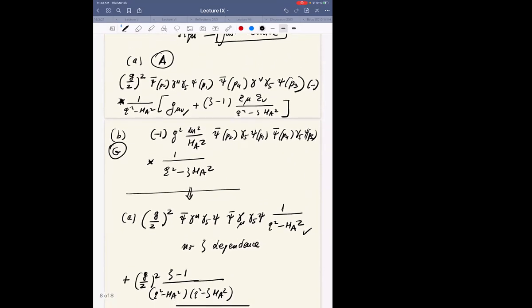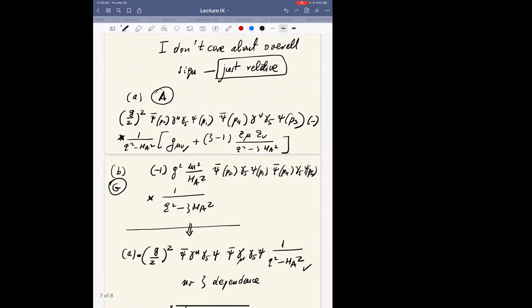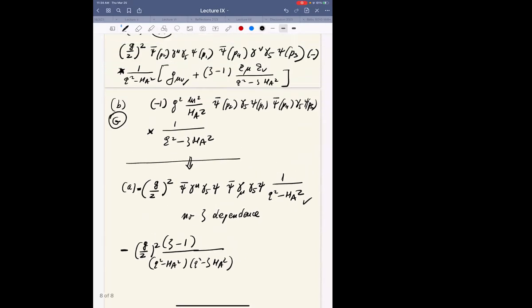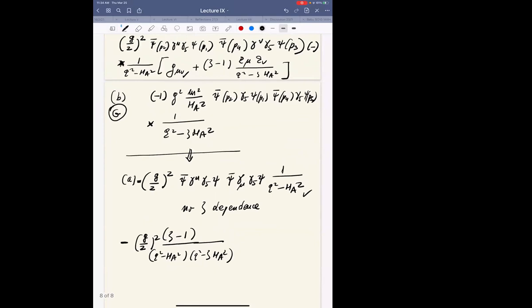There is a minus sign. Are you watching me, please? There was a minus overall sign there. I need someone to be with me. So there is actually a minus sign here, not plus, with my conventions. Then what do I have? I have psi bar, gamma mu. I have to write this nicely.